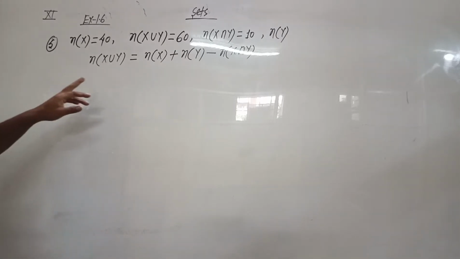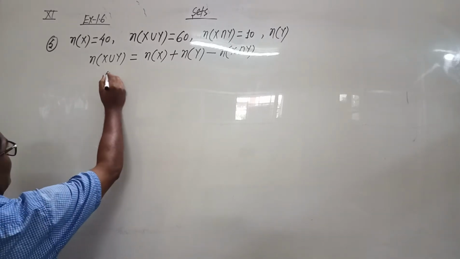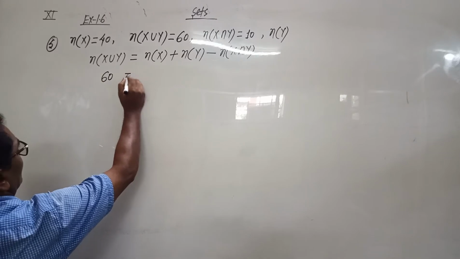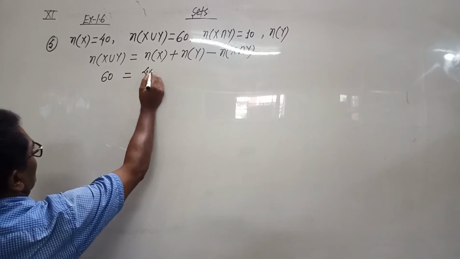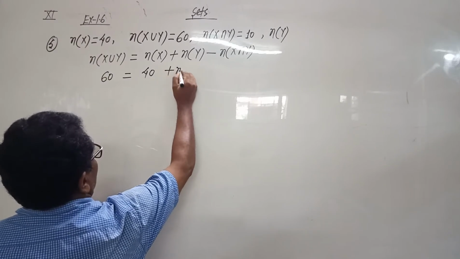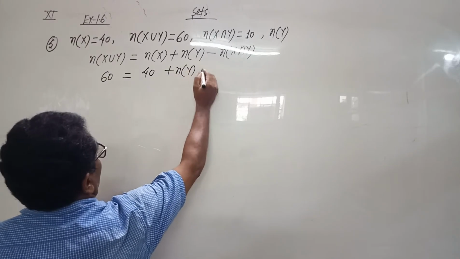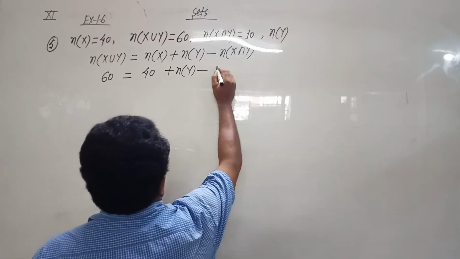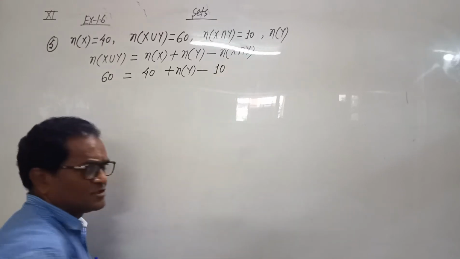Now we are given n of x union y equals 60, n of x equals 40, n of x intersection y is 10, and we have to calculate n of y.